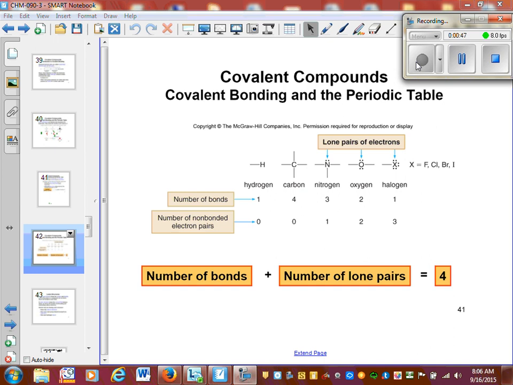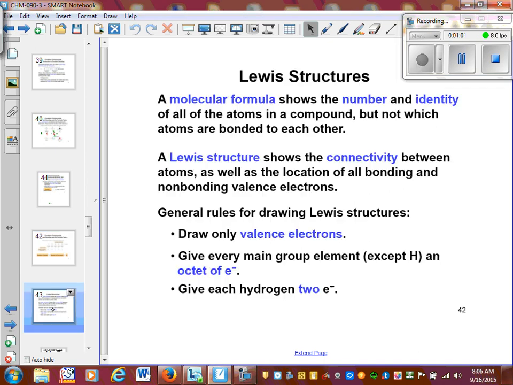We'll get into how to do Lewis structures. It's fairly simple. Heard that before. A Lewis structure, well, what is it?